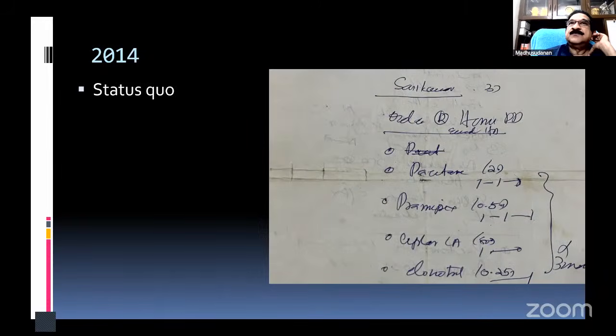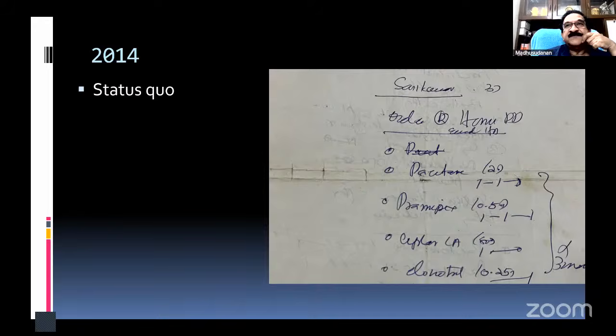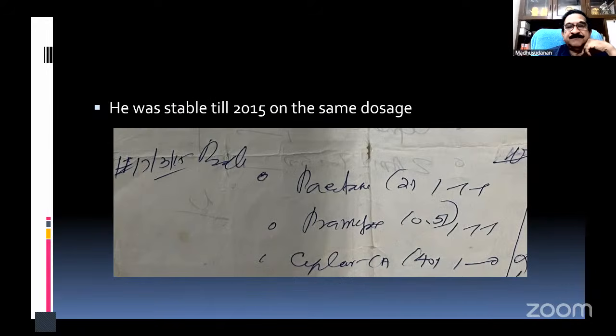He was seen 4 years later and the condition remained the same. I gave the same medication and added Ciplar and Clonopil for some other things. He was stable from 2010 to 2015 without any problem.